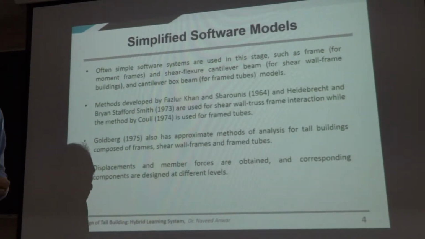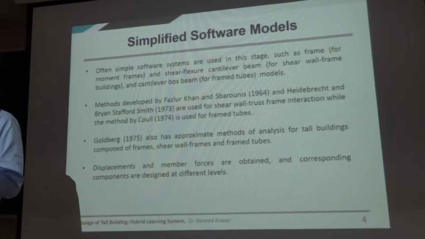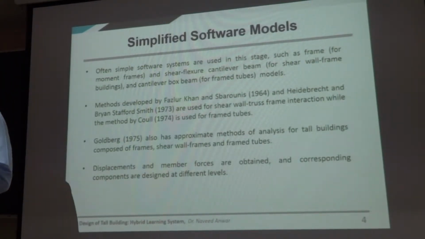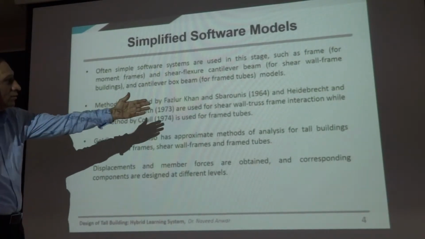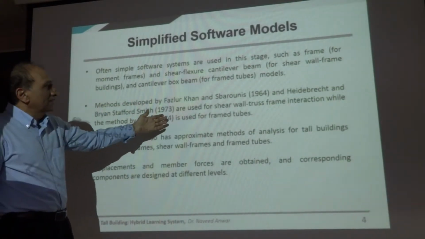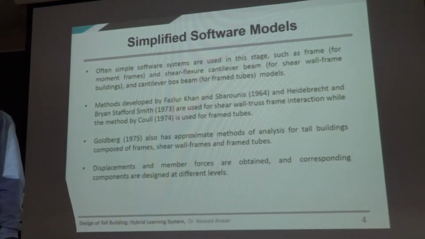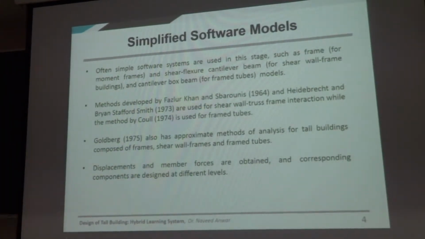Interestingly, the building code does not allow that to happen. So if your building is in a seismic zone, a tall building, they do not allow flat slab in that building. But that is becoming the choice of most designers. Now, a long time ago, in '64, '73, '74, people developed many systems to be used. So that is the floor system.